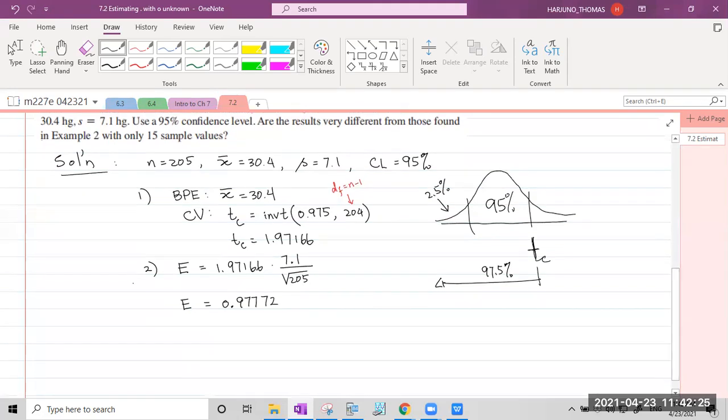Such that my 95% confidence interval for mu will be the best point estimate, 30.4, minus the margin of error, less than mu, less than 30.4 plus 0.97772.